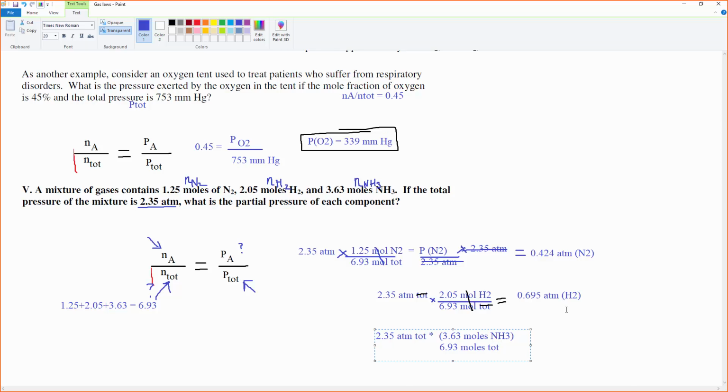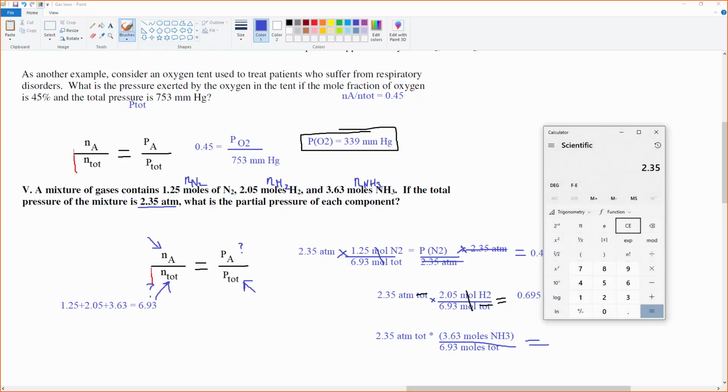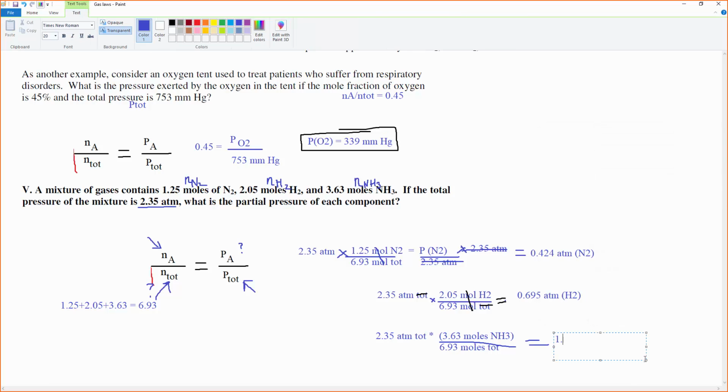There we go. Now again, I've just solved this equation. I haven't resolved the equation. I'm just plugging different things into my solved equation. 2.35 times 3.63 divided by 6.93 gives me 1.23 atmospheres of the NH3.